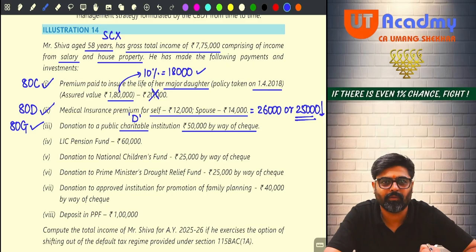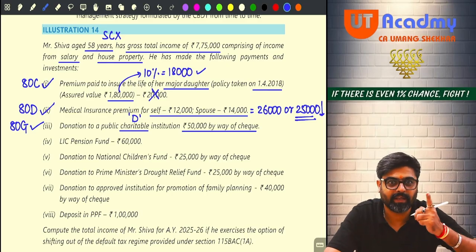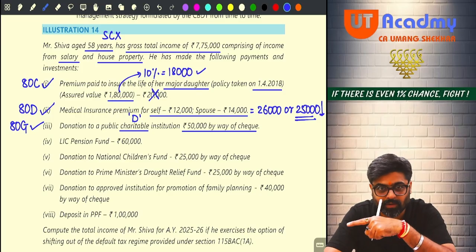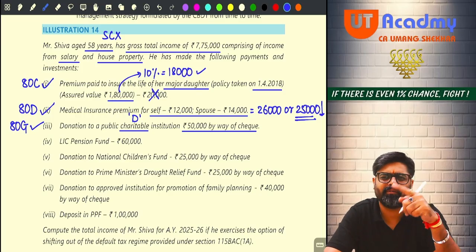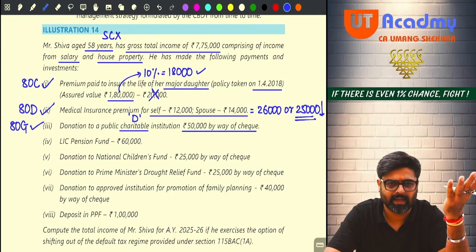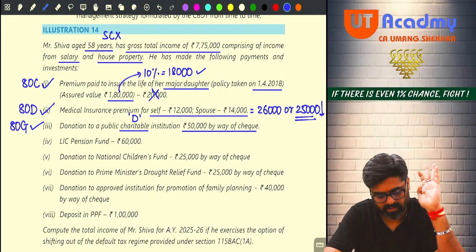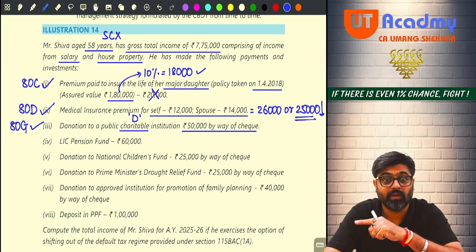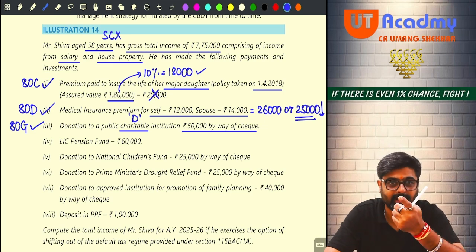Thank God it is by way of check. If it was in cash, 80G would have been a cross, not allowed. But if it is other than cash, then it is allowed. But how much will be allowed, that we will have to calculate. There is a qualifying limit because this is category D, right?